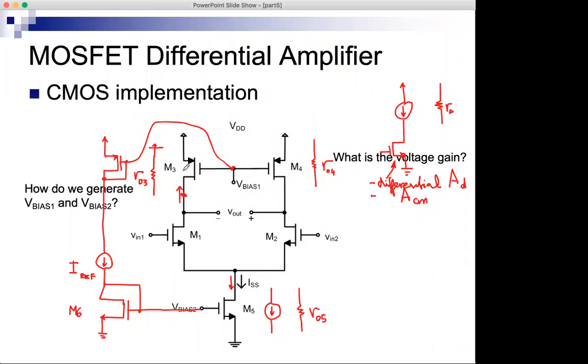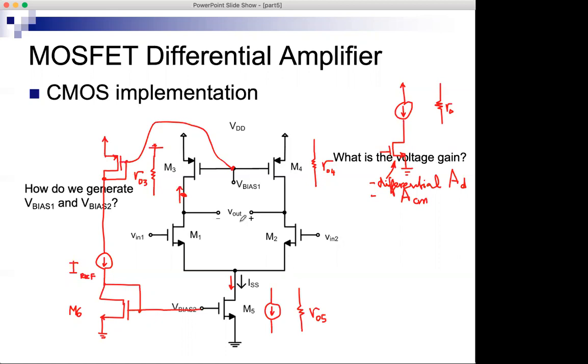signal analysis. And we showed that the gain would be half GM RD, or R prime L. This is the general result for the common source. R prime L in this case would be RO3 in parallel with RO1. And when I take the output differentially, then the gain will be half plus half.